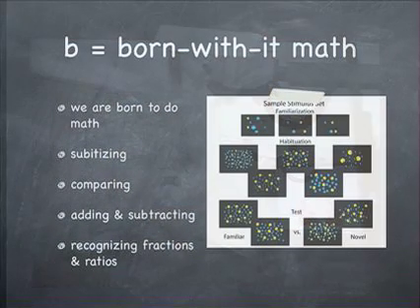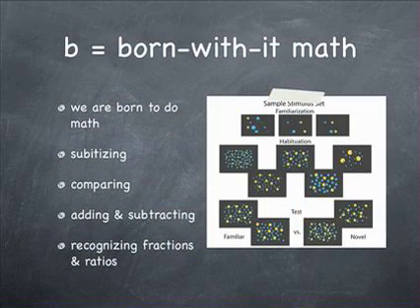There's even people who are wondering whether we are born to do fractions and ratios. So kids, for instance, when they see something on the edge of a table, and it's close to the edge, and it should fall off, but it doesn't, some people are worried. They're like, wait a minute, that should fall.